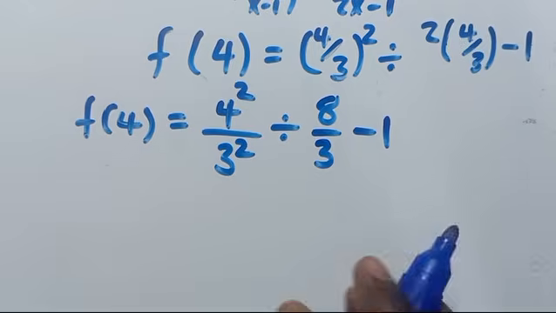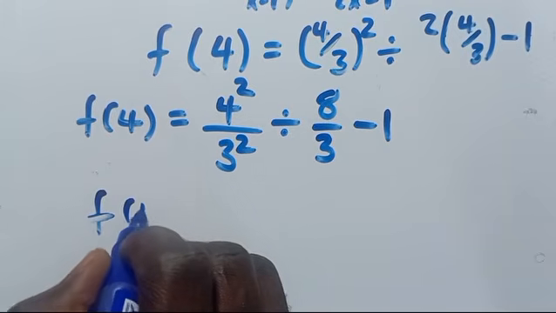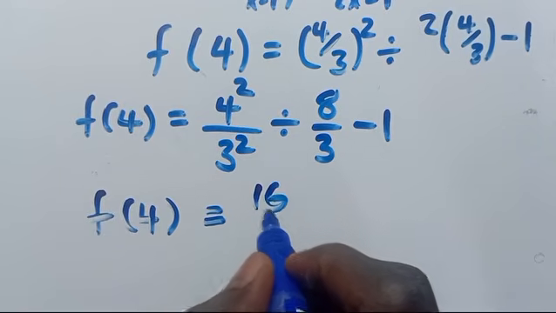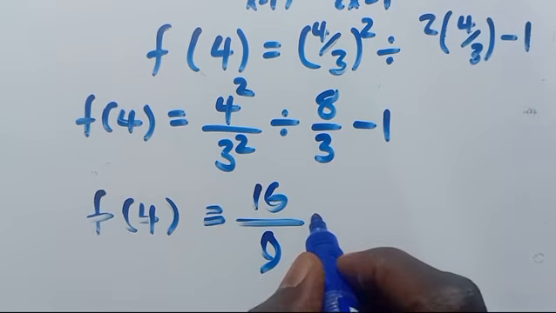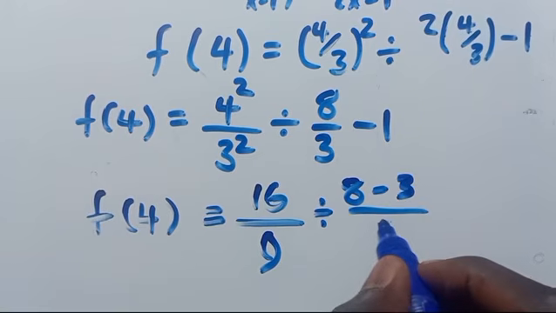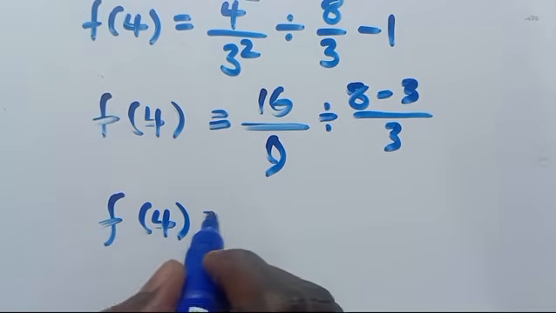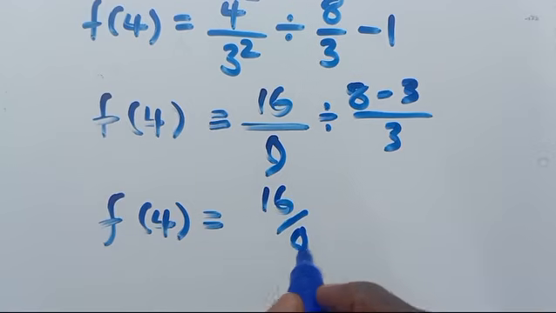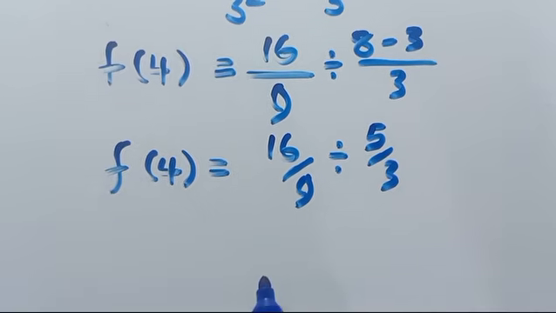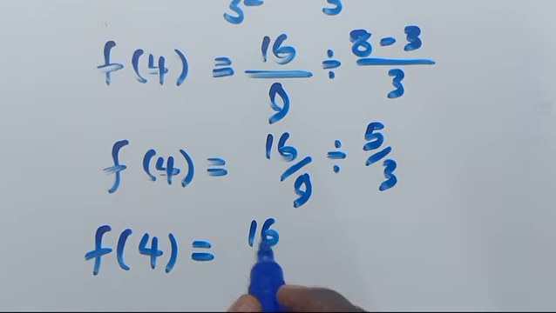So f of 4 is 4 squared, which is 16 over 9, divided by 8 minus 3 over 3. So we have f of 4 equals 16 over 9 divided by 5 over 3.